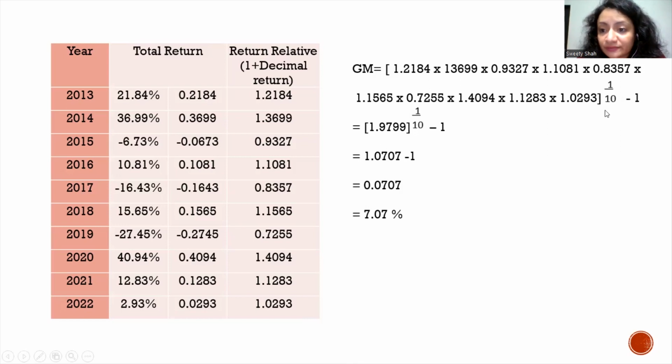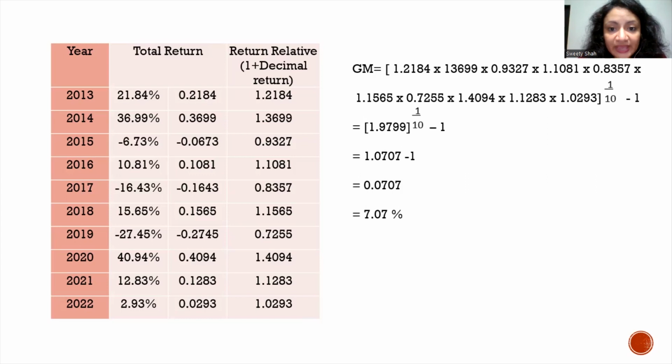Raised to 1 by 10, minus 1. So here, the product of the multiplication of these values is 1.9799, raised to 1 by 10 or 0.1, minus 1, which derives the geometric mean.